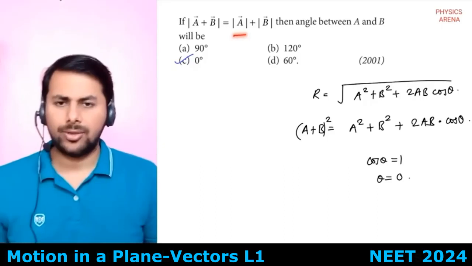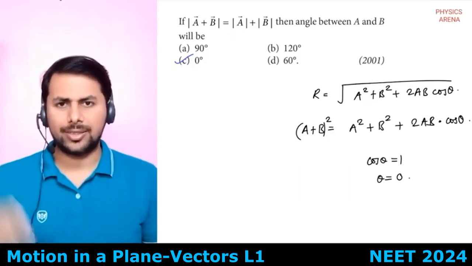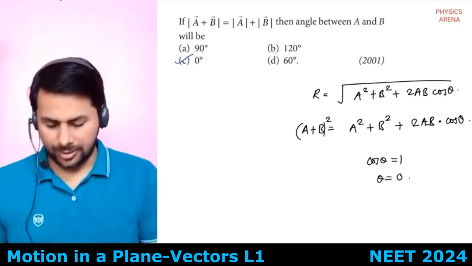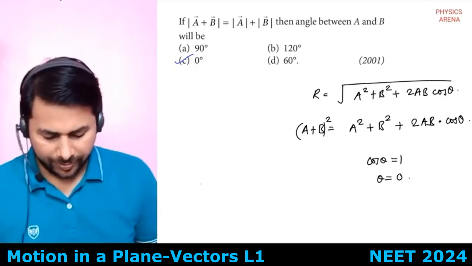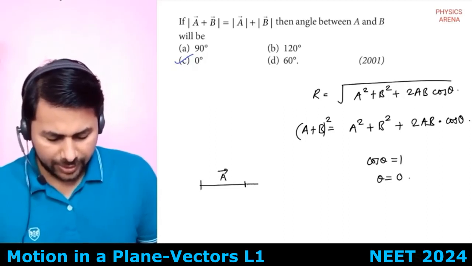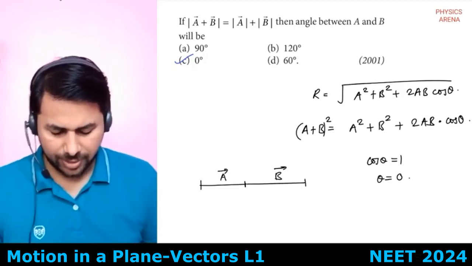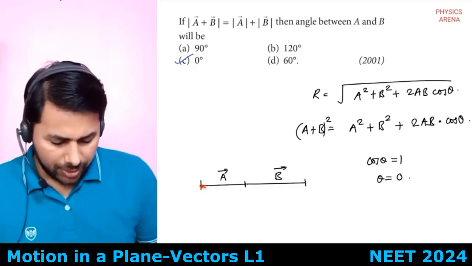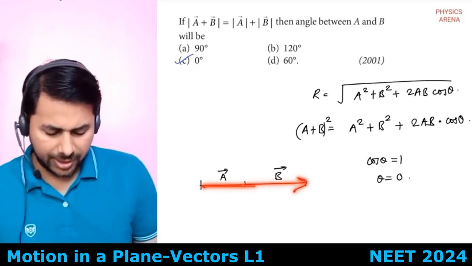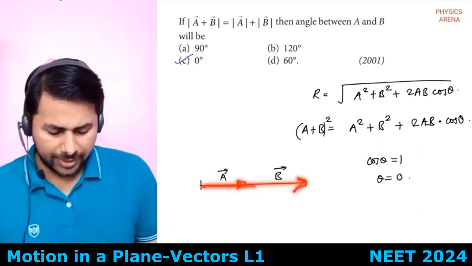So if you add two vectors and resultant is equal to the magnitude of first vector plus magnitude of second vector, this can be done in only one way. So see, you have this a bar's magnitude and b bar's magnitude. So this is the resultant. Magnitude of resultant is equal to magnitude of a plus magnitude of b.